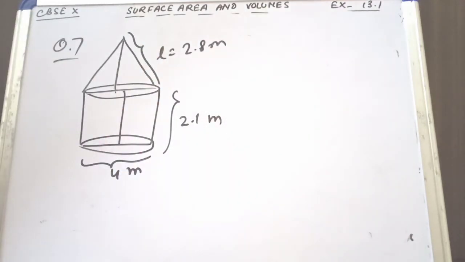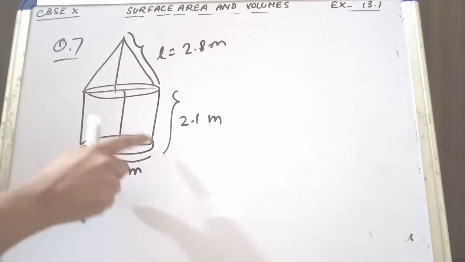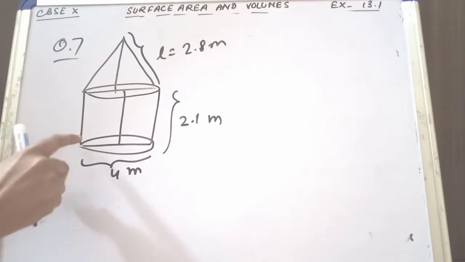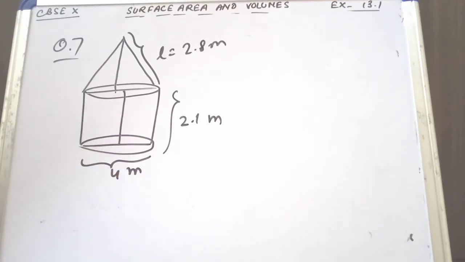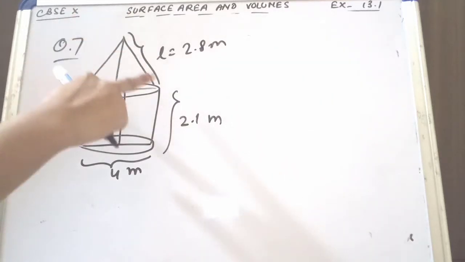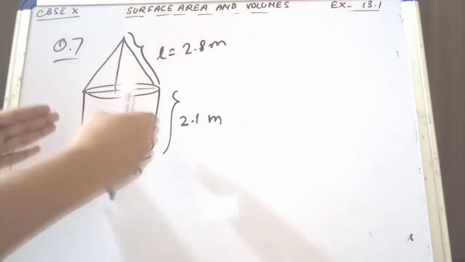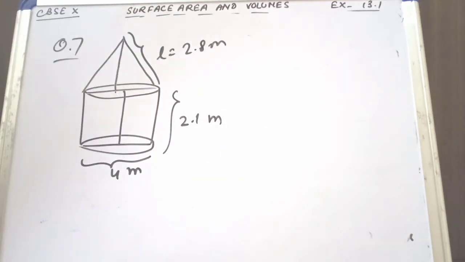Because note that the base of the tent will not be covered with canvas. So for making this tent, the covered place is the curved surface area of this conical part plus the curved surface area of this cylindrical part.